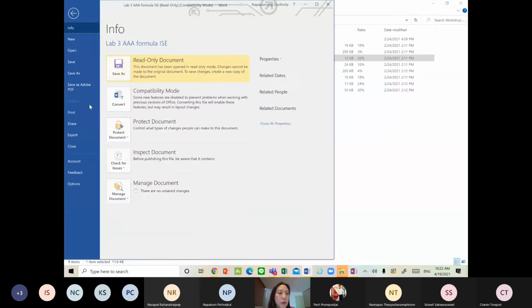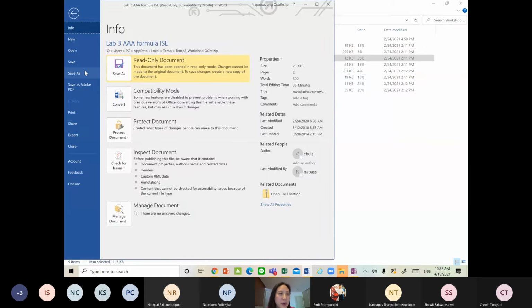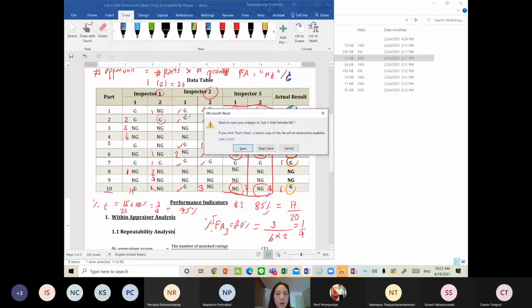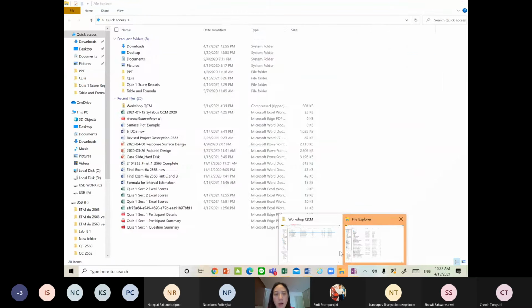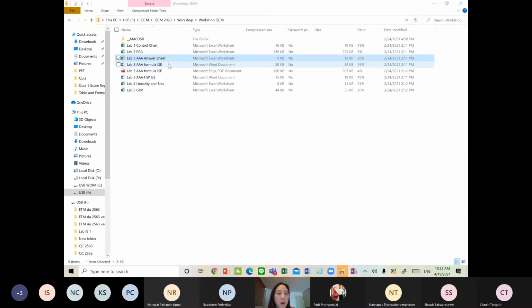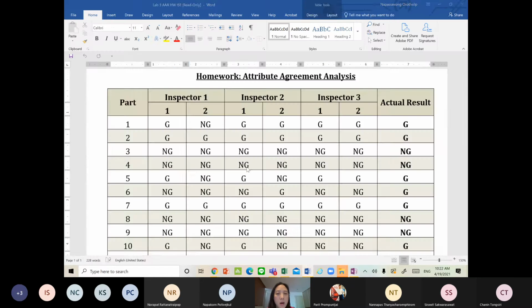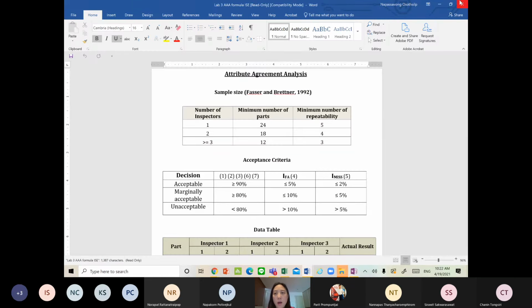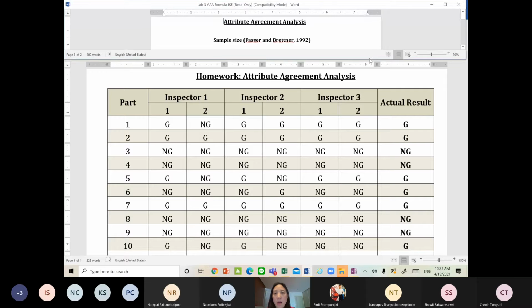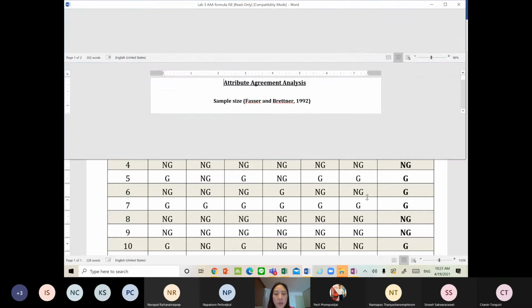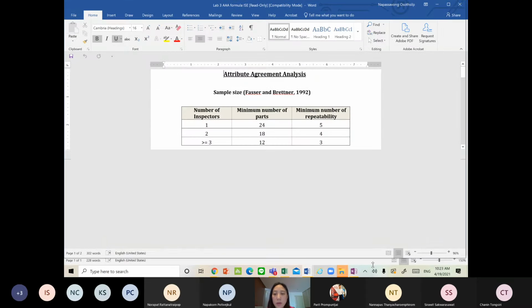Let's do that by yourself, and then I'll ask somebody to help me answer this. If you finish with inspector 1, you can move to inspector 3.